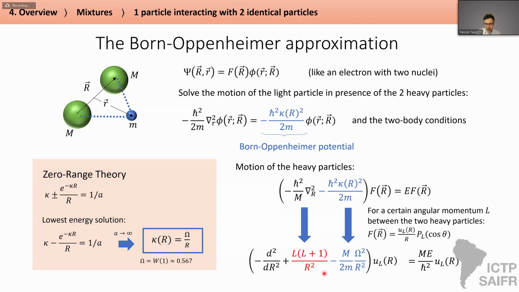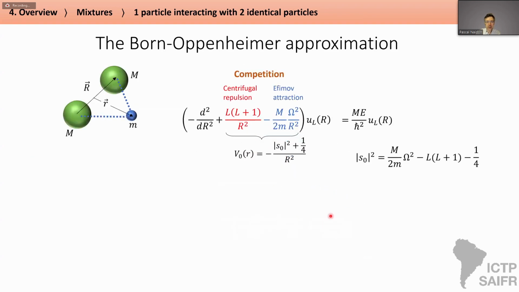And now you see that in general these two terms are proportional to 1 over r squared, and that's because they are both of kinetic origin. This is centrifugal repulsion, and this is Efimov attraction mediated by this light particle. And so they directly compete with each other, because this one is always positive and this one is negative when we consider this Gransey solution. So in general, there will be a competition between them: centrifugal repulsion, Efimov attraction.